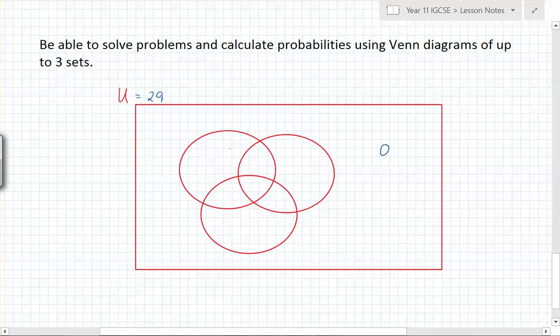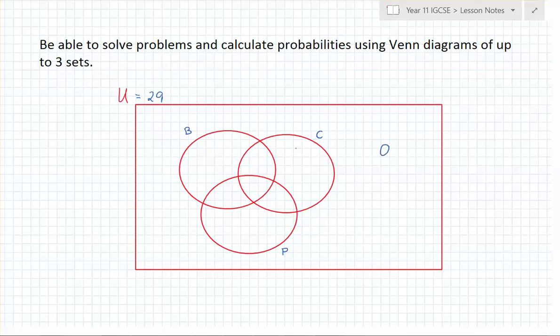Now we've got 3 subjects: biology, chemistry, physics. So each of our regions represents people that only take biology, people that take biology and physics but not chemistry, and so on. So we've got to put numbers in. I'm not going to do it because they've obviously got straight to the end point here, but we're going to work it out from the information from the question first.